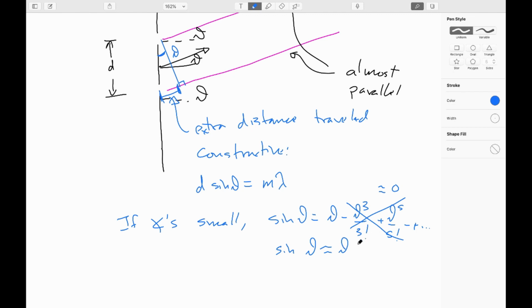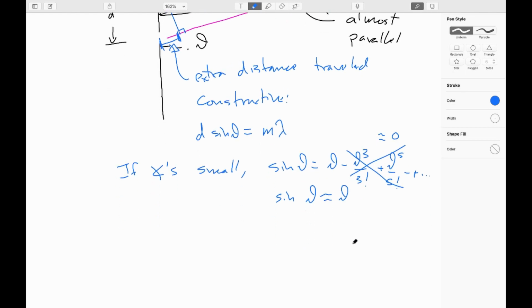So a lot of times you'll see this relation written as the angle of the mth interference fringe is equal to m lambda over d. And here we are requiring that theta be in radians.